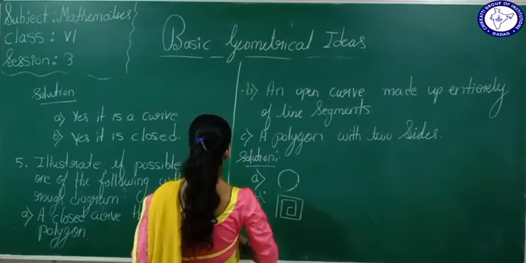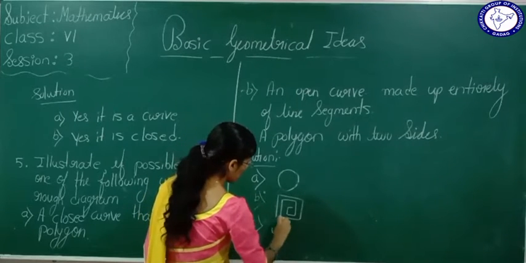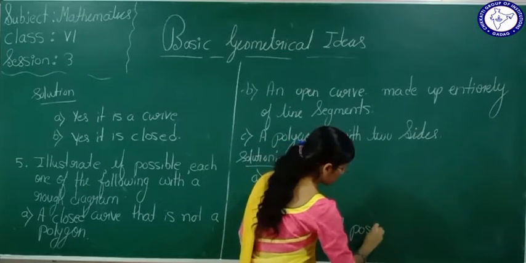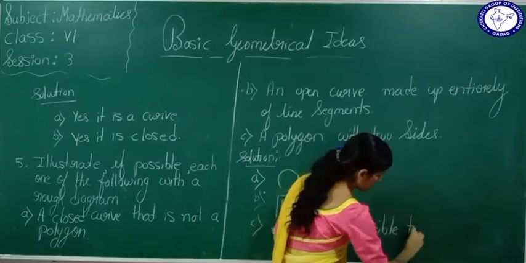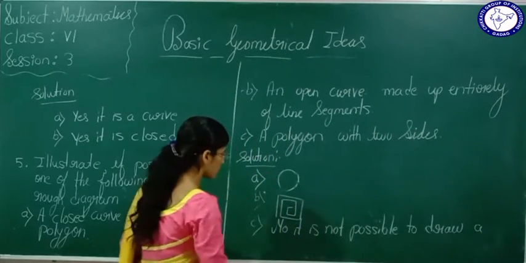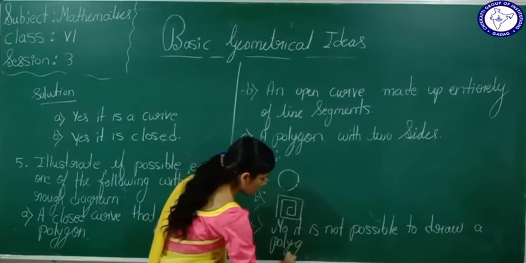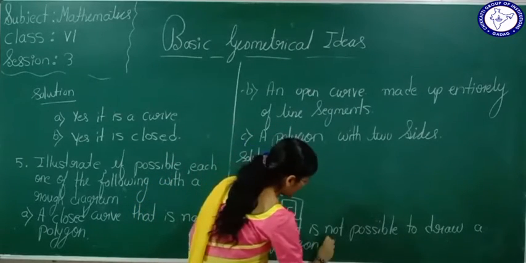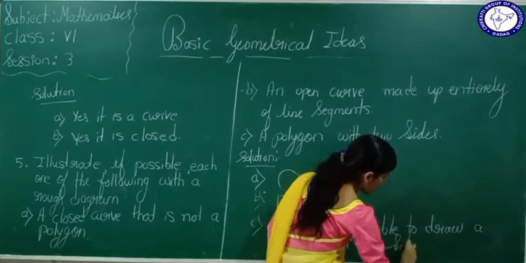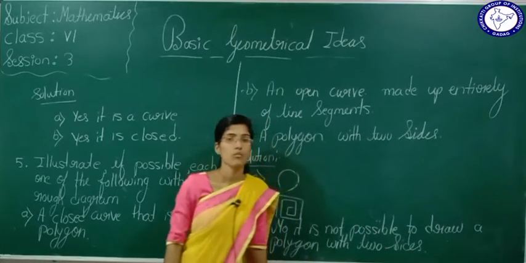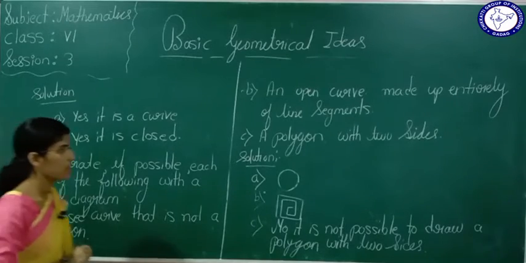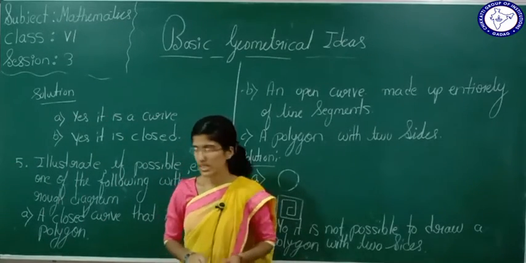No, it is not possible to draw a polygon with two sides. With two sides it is not possible to draw any polygon. Okay, so this is about your exercise 4.2.